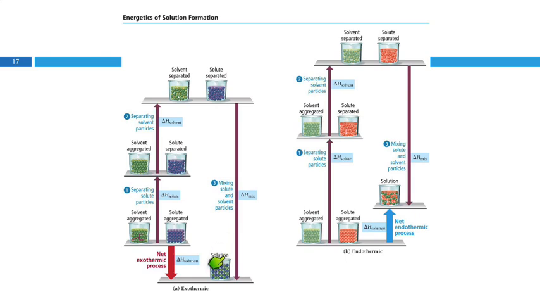In this case, the sum of these 3 purple arrows is more negative, and so this is an exothermic process. And this is a similar thing, but here the positive values end up overall being bigger than the negative, and so it's endothermic.